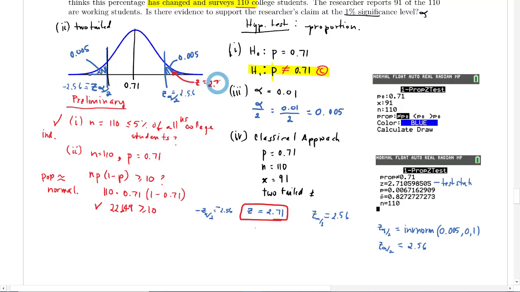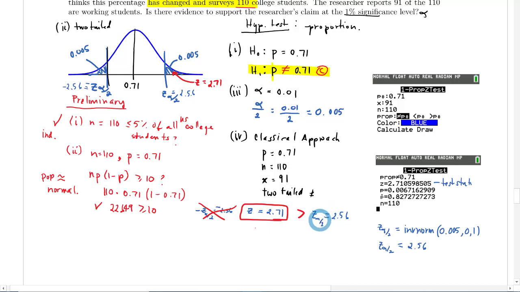Because the test statistic is greater than z sub alpha over 2, the critical value, we have to reject the null. And it becomes statistically significant.